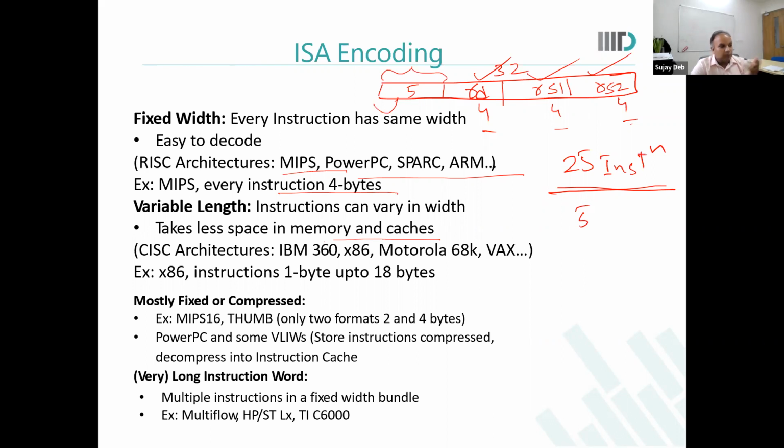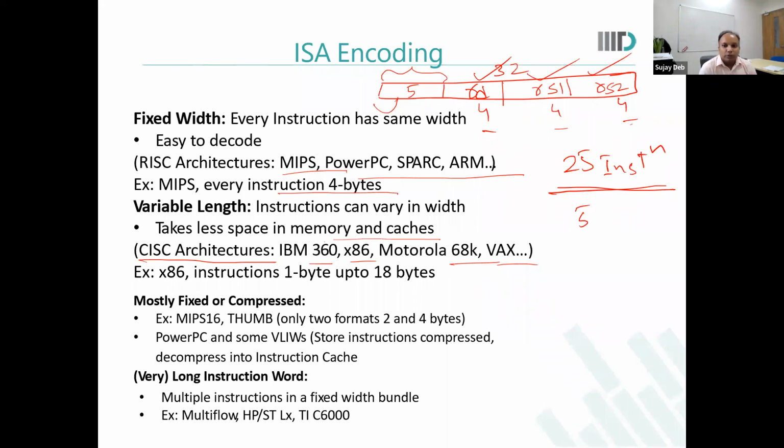You have to have some additional checks to identify them. Most of the CISC architectures, complex instruction set architectures, like IBM 360, x86, Motorola 68K, VAX, use these kinds of variable width instructions.